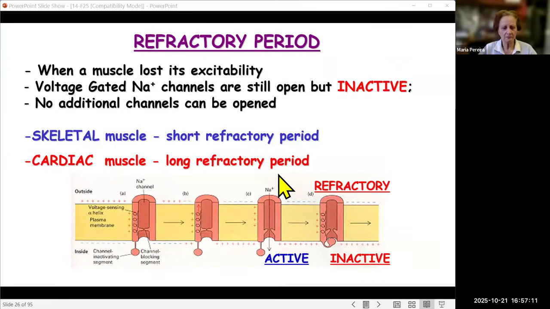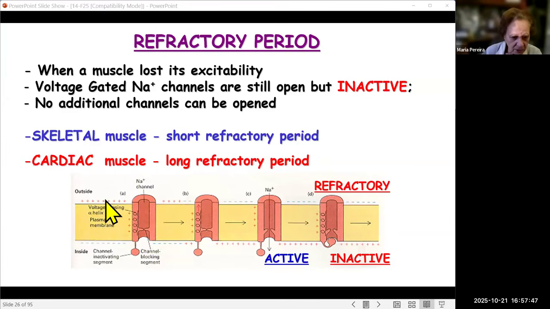Okay, so now there's a period of time where the muscles cannot contract. This is known as the refractory period. What is the major factor that prevents the muscle fibers from responding to a stimulus? When the inactivation gate for the sodium channel is closed and no more sodium can go in. Remember, this is the representation of a sodium channel, and it has two gates, the activation gate and the inactivation gate.